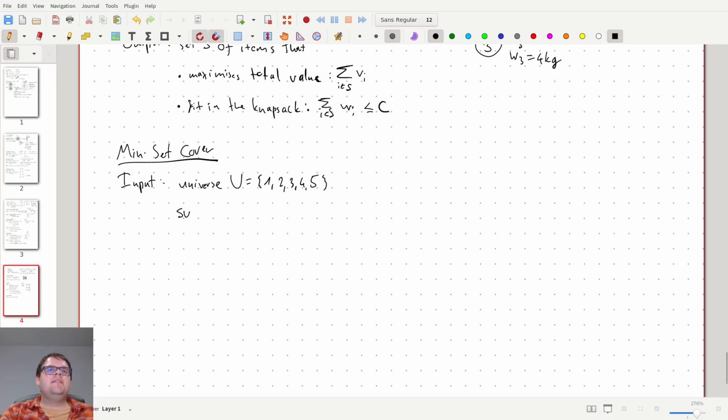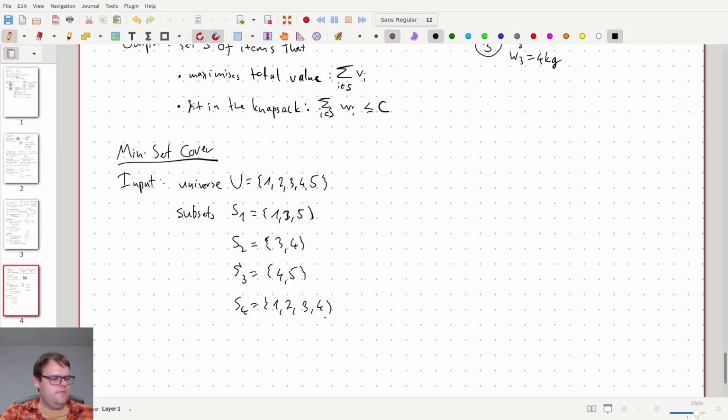And then you have a list of subsets. For example, S1 is 1, 3, 5. That's a subset. S2 equals 3, 4. S3 equals 4, 5. And S4 equals 1, 2, 3, 4, right?